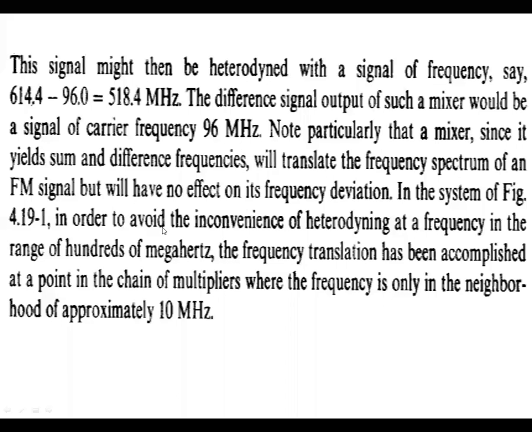So the system in the figure shows that. In order to avoid the inconvenience of heterodyning at frequencies in the range of hundreds of megahertz, the frequency translation has to be accomplished at a point in the chain of multipliers where the frequency is only in the neighborhood of approximately 10 megahertz. Here the term is heterodyne.